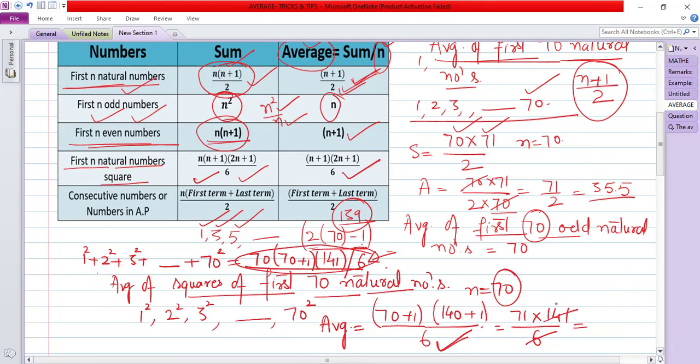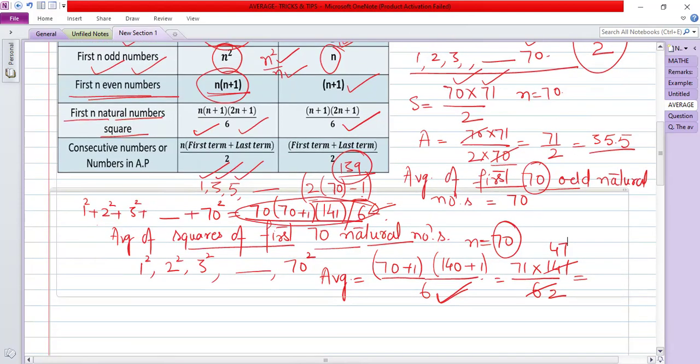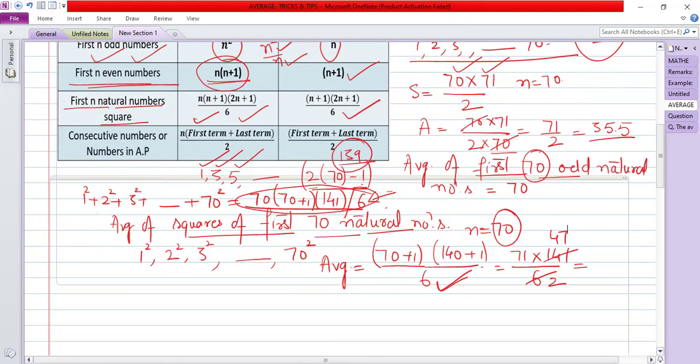This will cancel here, so 3 to 6, and here it will be 47. Now we have to multiply 71 and 47 and then divide by 2.